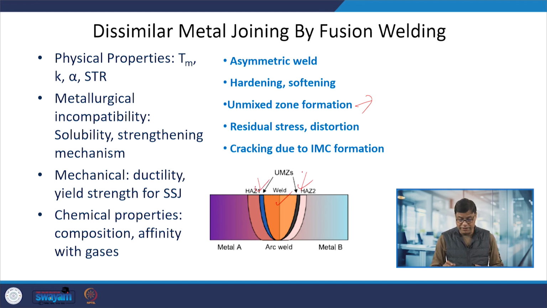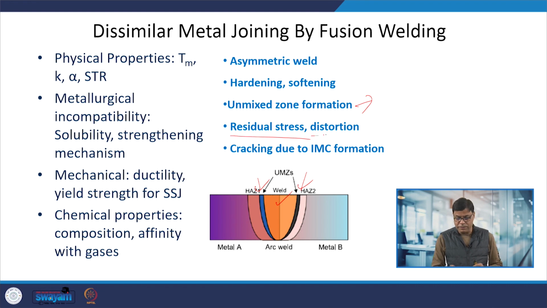So, at the center we have weld metal, while next to the fusion boundary there are unmixed zones, which means the concentration of certain elements is excessively high, while those elements are deficient at other locations. Okay. So, unmixed zone formation means chemical heterogeneity, which means heterogeneity in terms of mechanical properties as well.